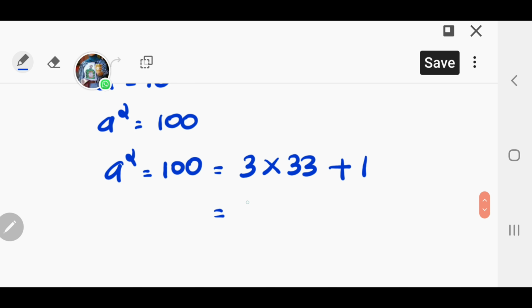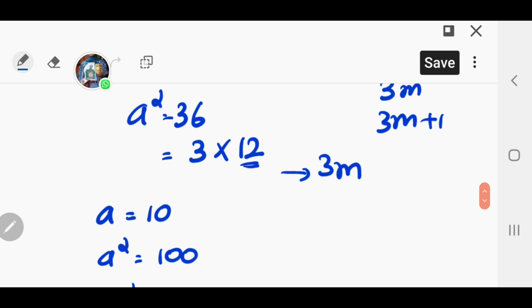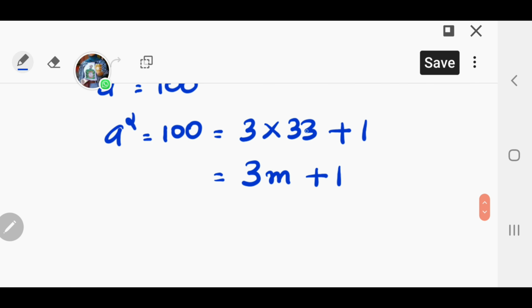So this can be written as 3 into an integer, 33 is an integer. Instead of the integer, we can write m, plus 1. So like this, square of any positive integer can be written as 3 multiply a number or 3 multiply a number plus 1. This is our theorem.